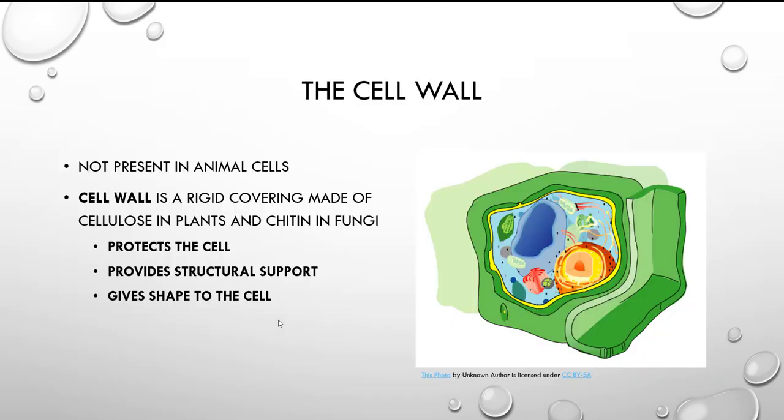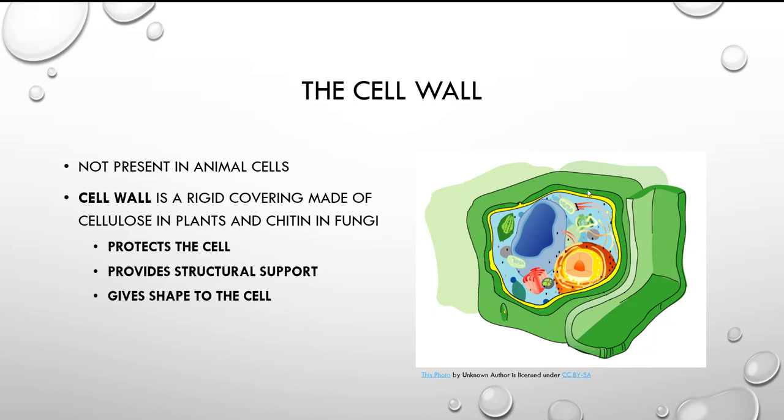And then we have some components that are only found in plants and some components that are only found in animals. One of the components that's only found in plants would be the cell wall. Of course, we don't have that, and that's a good thing because we're very flexible, mobile creatures.